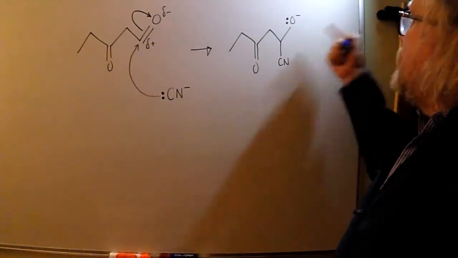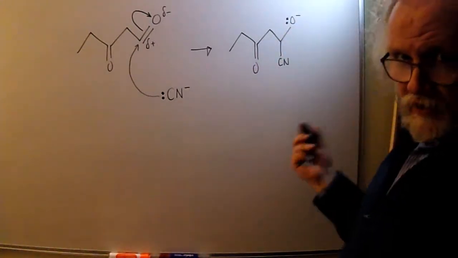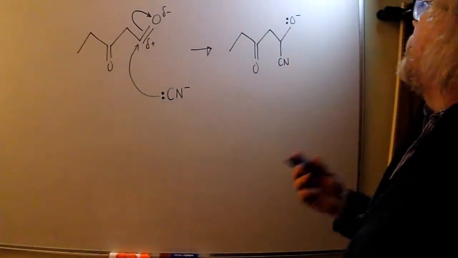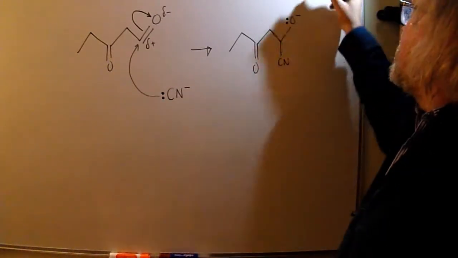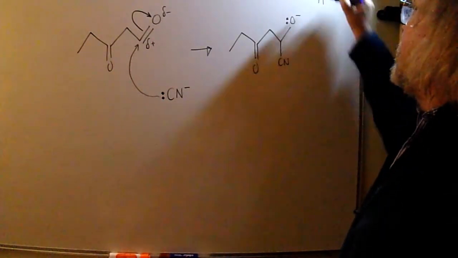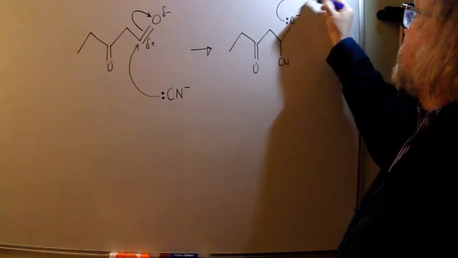To complete the reaction, it's not going to stay like that. Remember, alcohols are not acidic, so that O minus ion is not a stable thing. It's going to pick up a proton. And in this case, it's very simple. Because it's an acidified solution, you have H plus ions floating around, and so you can simply do that.